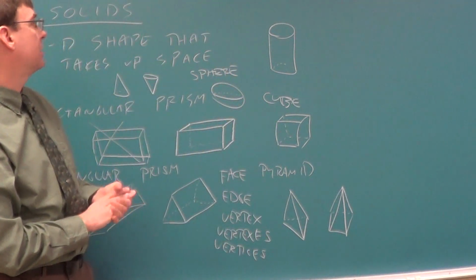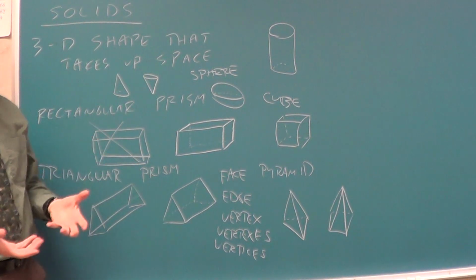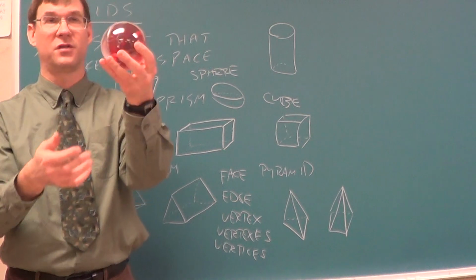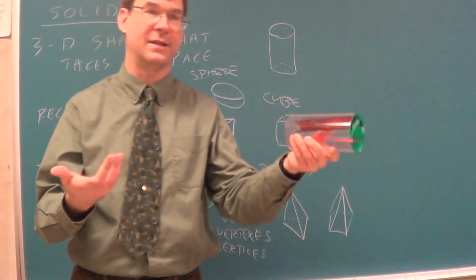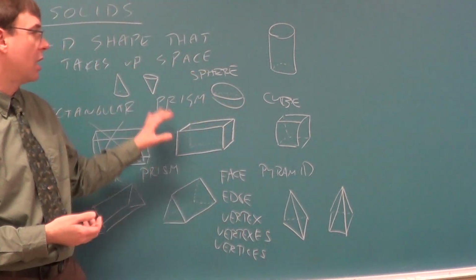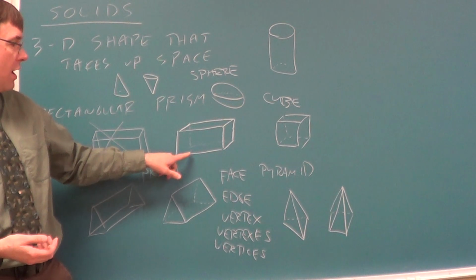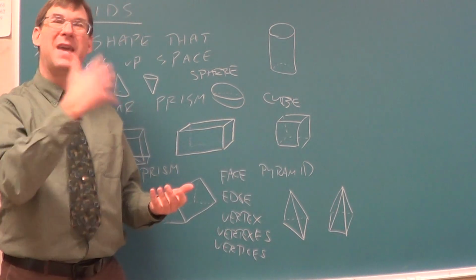So what we learned about in summary, there's shapes called solids. Solids are 3D shapes that take up space. They're things that we can handle, like a ball is called a sphere, or something that's like a soup can, that's called a cylinder. We talked about what they're called and how we could draw them. Some of these drawings, I drew some dotted stuff. The dotted is for what you can't see.